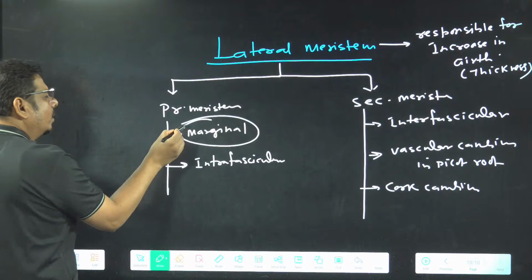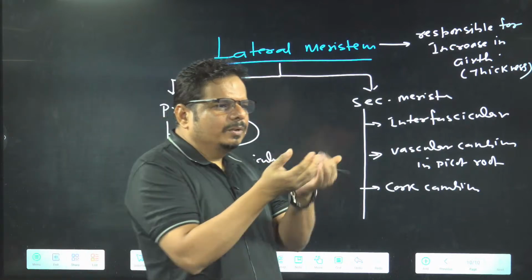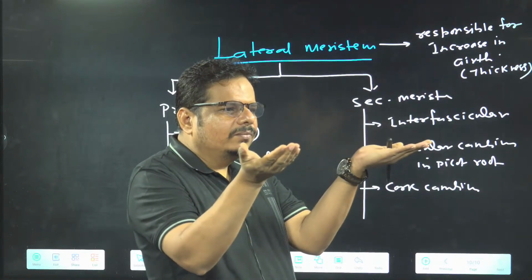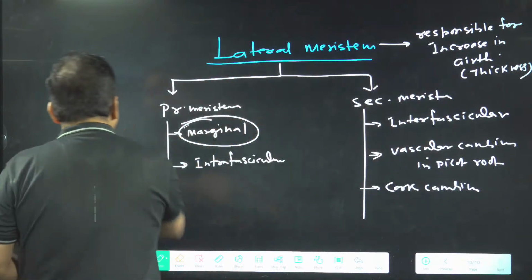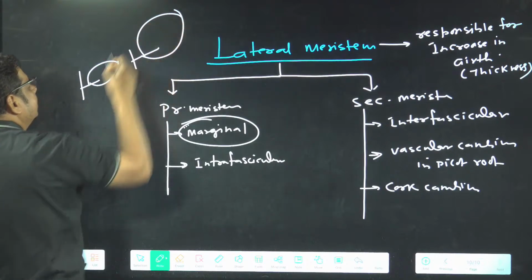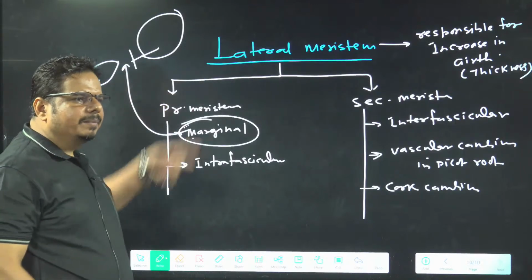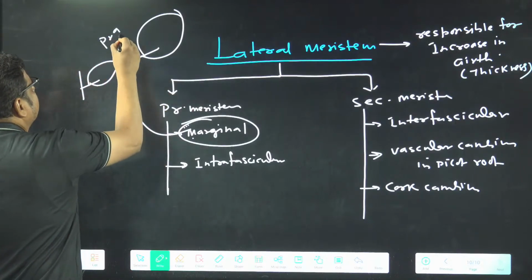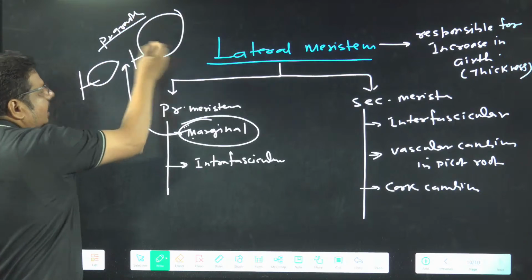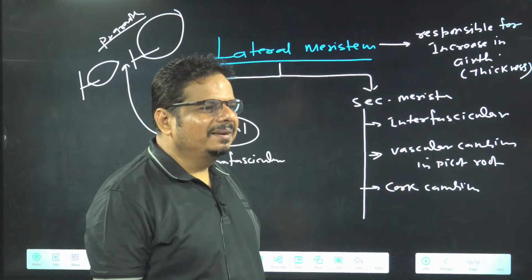It is not responsible for increase in girth or thickness. It is responsible for the increase in surface area of the leaf. The leaf becomes from this to this due to marginal meristem activity. So it is a primary growth only, not secondary growth. You got the idea? Is it clear in the mind?